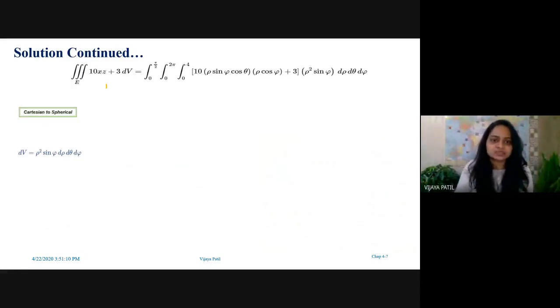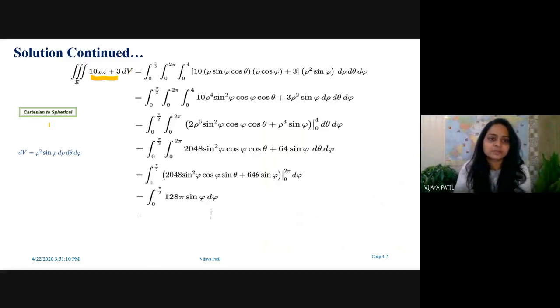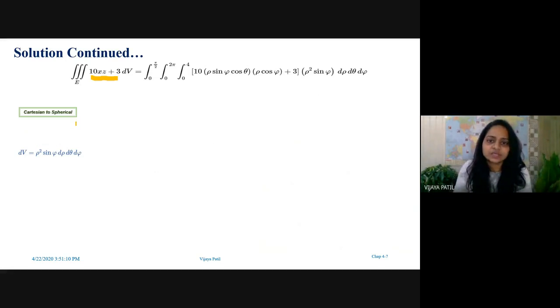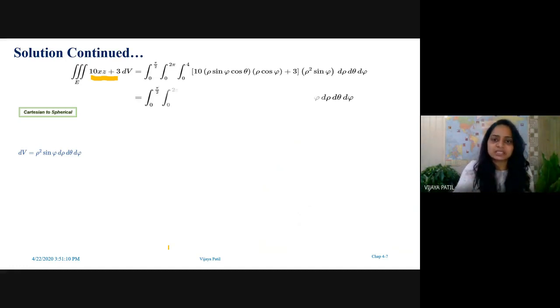Just by putting this in, now here we will deal with 10xz plus 3. So we'll be replacing x with rho sine phi cos theta, and z accordingly with rho cos phi. The conversion you will get from here, just by putting in the upper and lower limits.